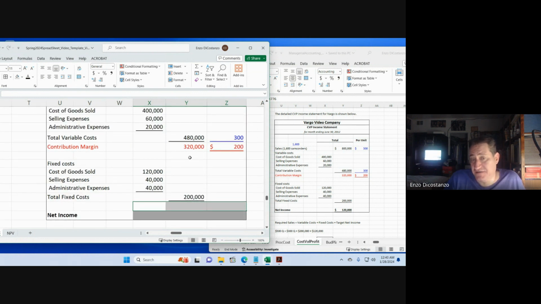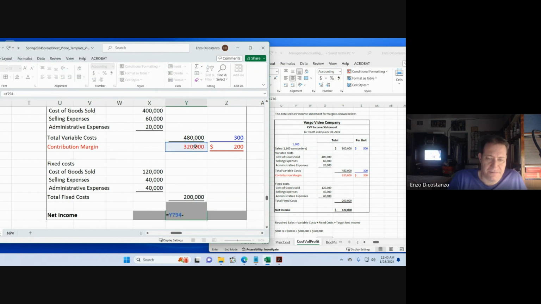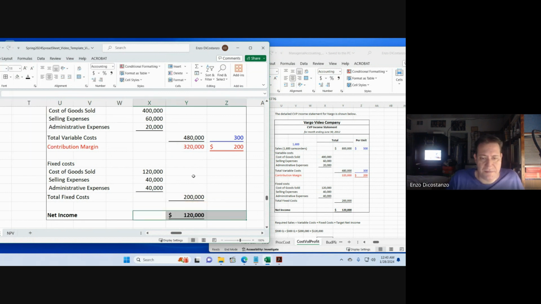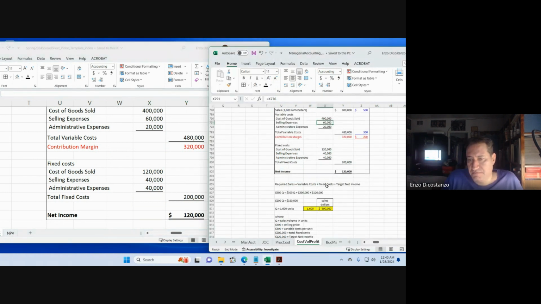This is what's left to cover the fixed costs. So certainly looking at this, you're going to have 800, there it is, and 120 net income.